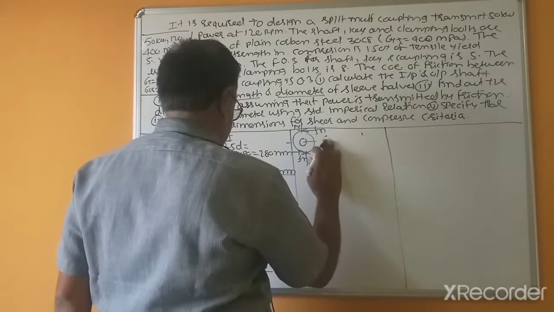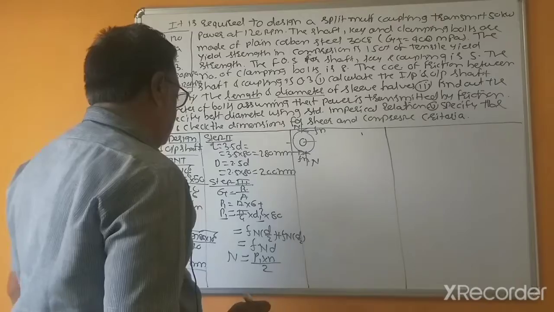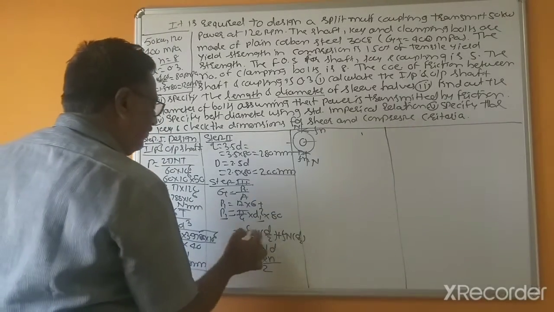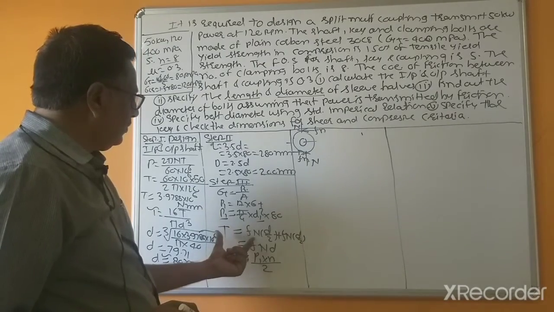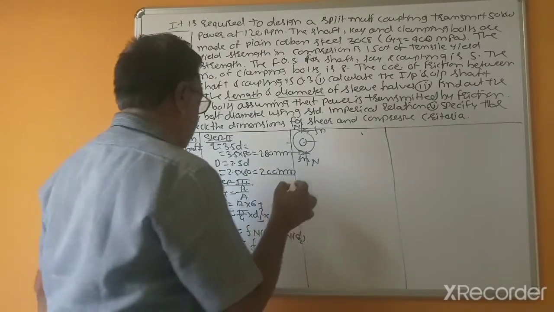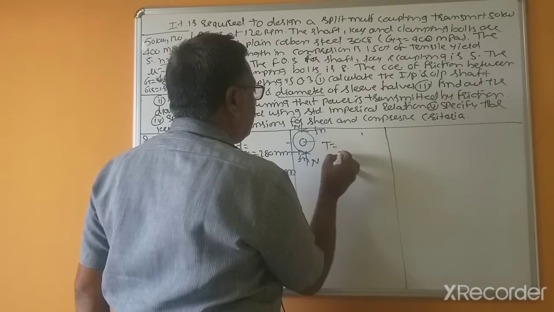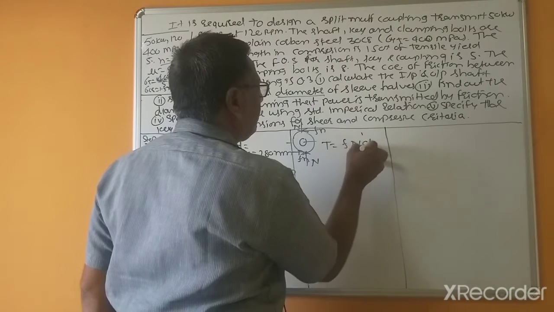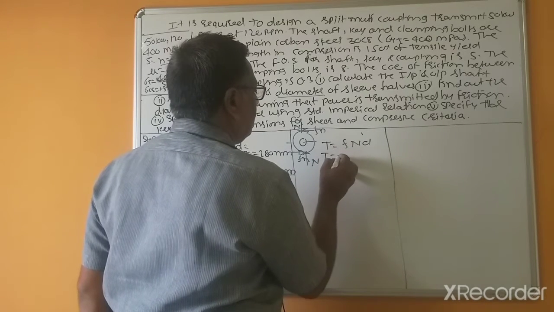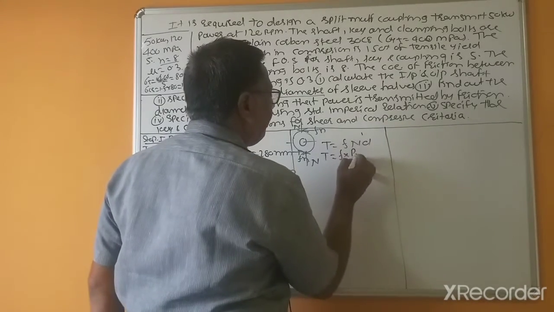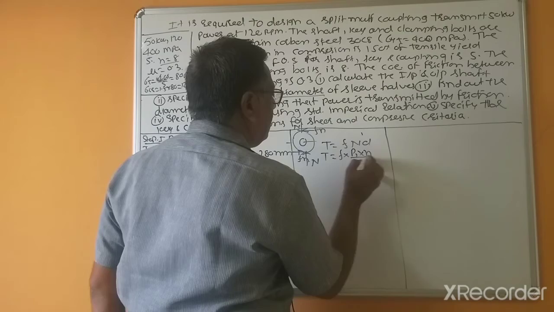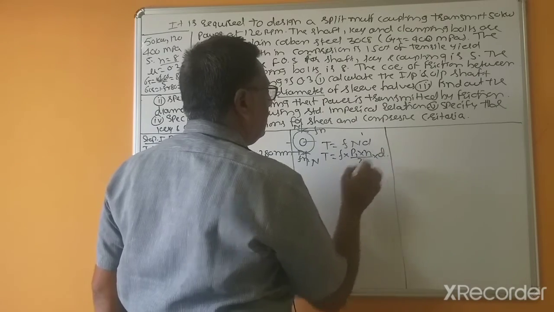So this is Fn, this is the torque acting. That's why torque equal to Fn into d, and Fn equal to P1 into N divided by 2, into d.